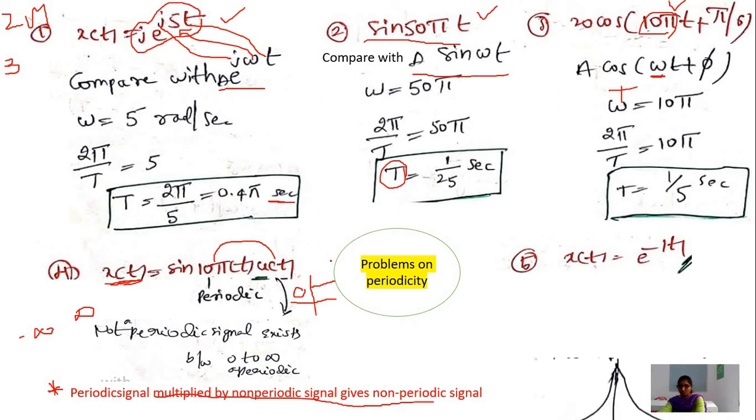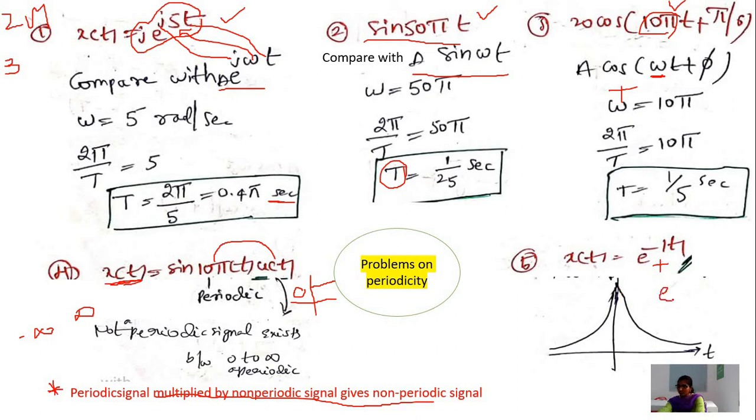On to the next problem, e power minus mod t, which is an exponential signal. T can take positive values, and at that time it will be exponentially decreasing. If t takes a positive value, the signal will be e power minus t. This is an exponentially decreasing signal. If t takes a negative value, then the signal will be e power t.